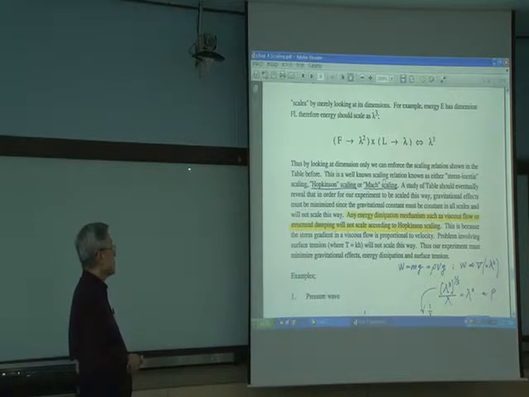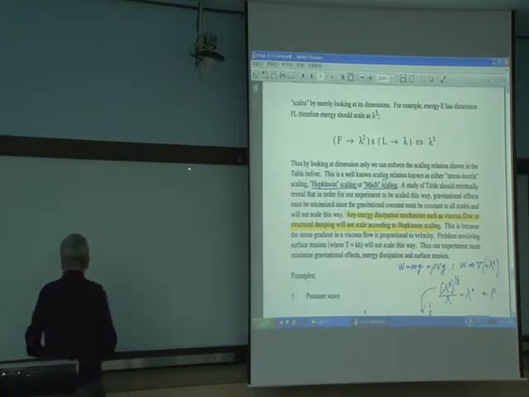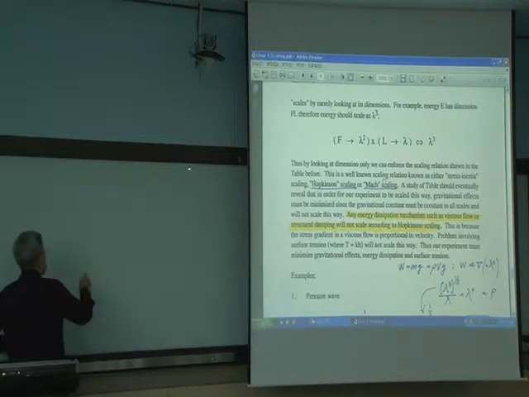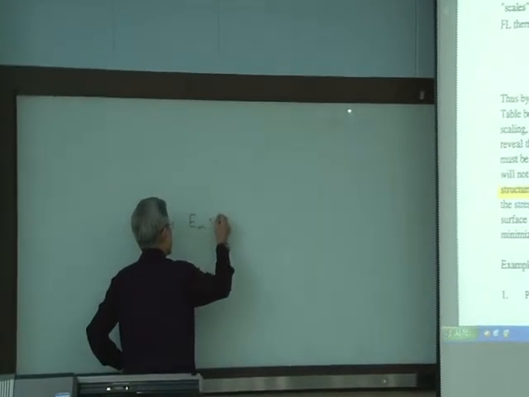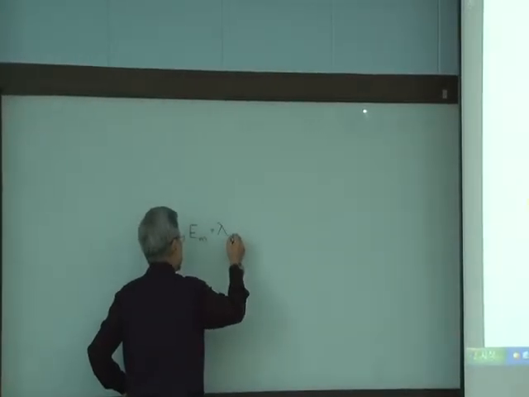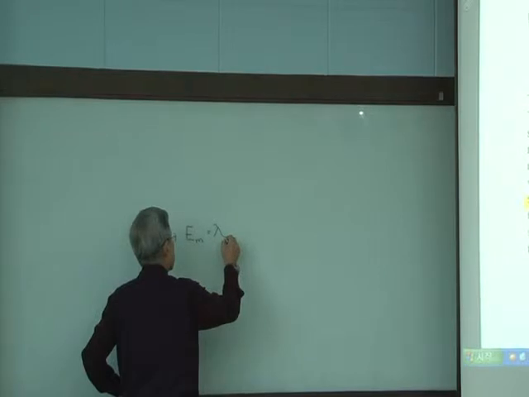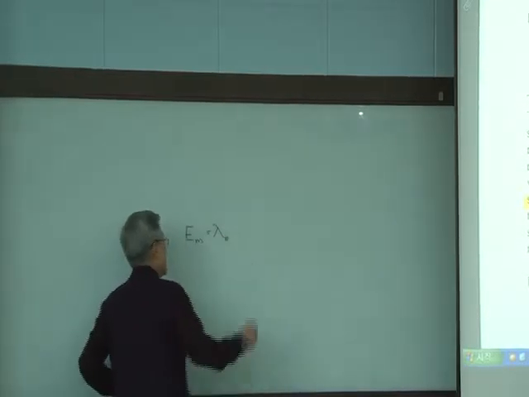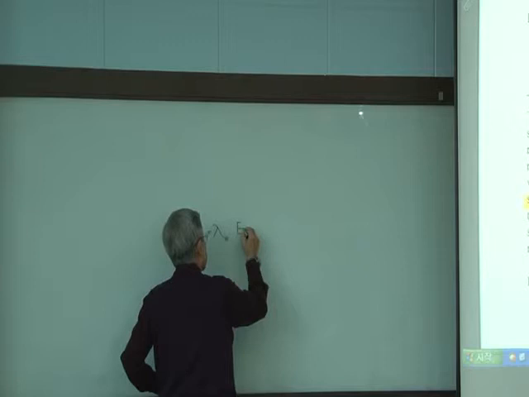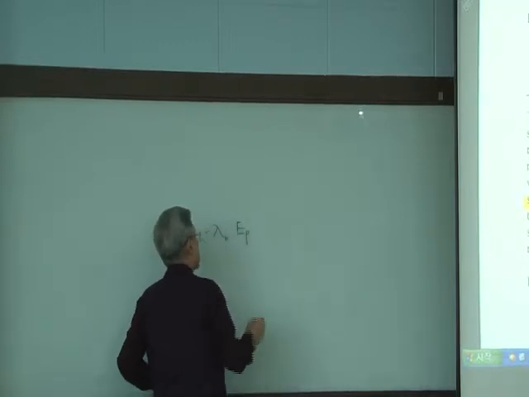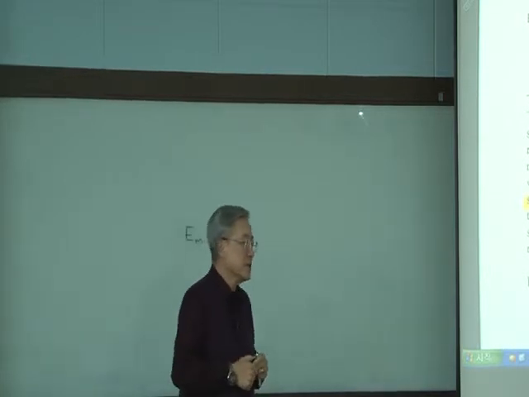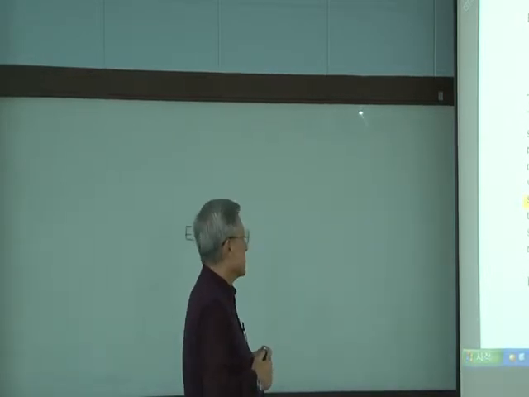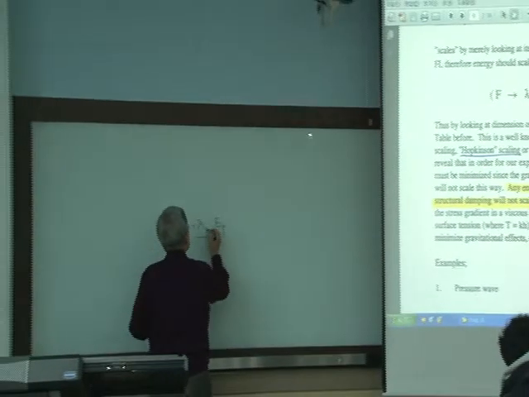So the way to find the scale factor for energy, when I say scale factor for energy, is E_M is equal to lambda_E times E_P. So the question is how to find the lambda_E, okay?